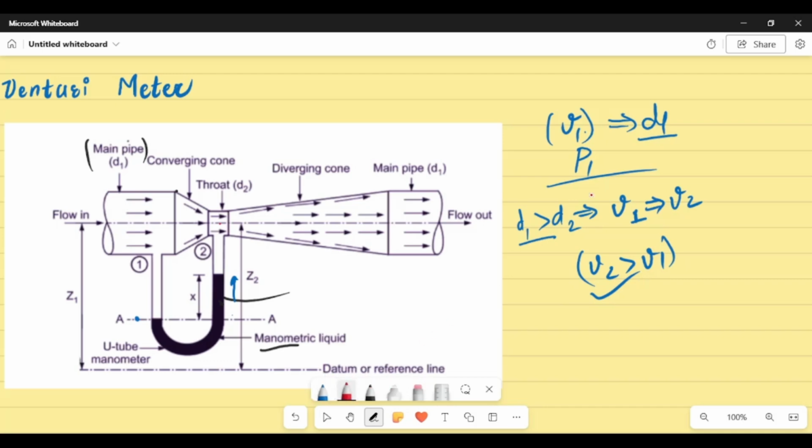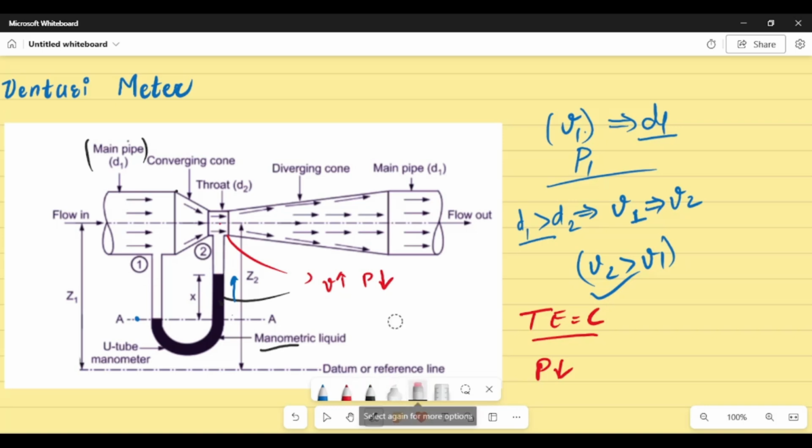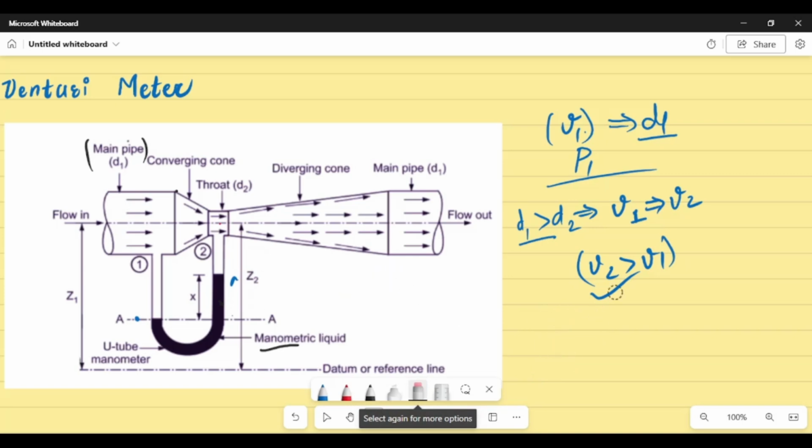Bernoulli's theorem states that the total energy of the fluid flow is constant. So when the velocity increases, the pressure must decrease. In this region with the smaller cross section, the velocity is high and the pressure is low. Therefore, you can see that the manometric fluid is quite high on the scale as compared to here. This is all about our learning up to now.